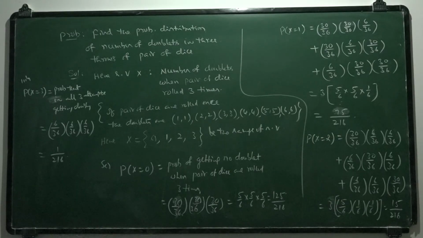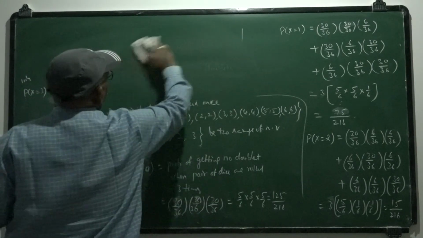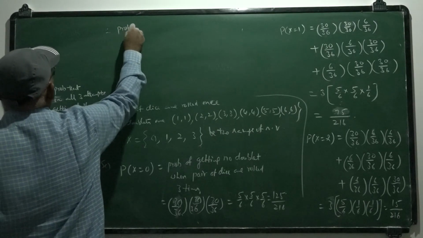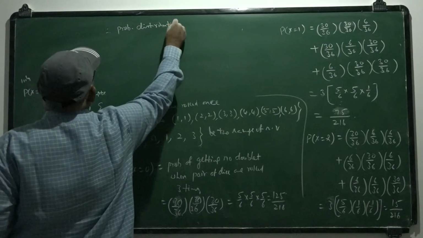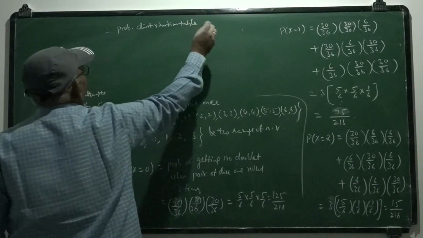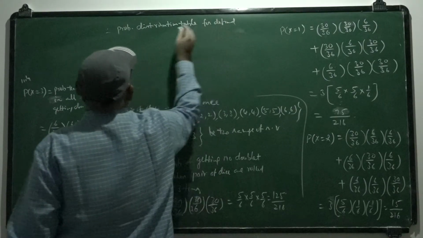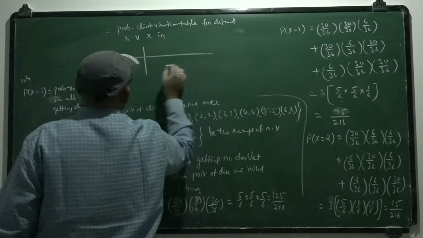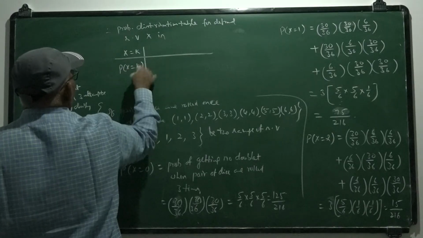The required probability distribution table for the defined random variable X is as follows. X takes the values k and corresponding probabilities.